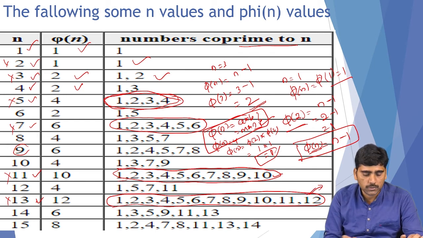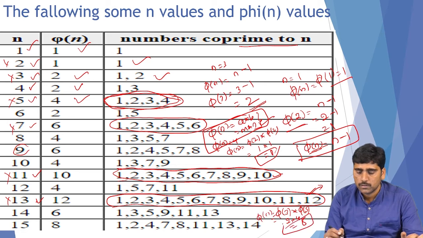For phi of 15, you can write phi of 3 into phi of 5. Phi of 3 is 2, and phi of 5 is 4. So phi of 15 equals 2 into 4, that equals 8. This is what you have to mention here.